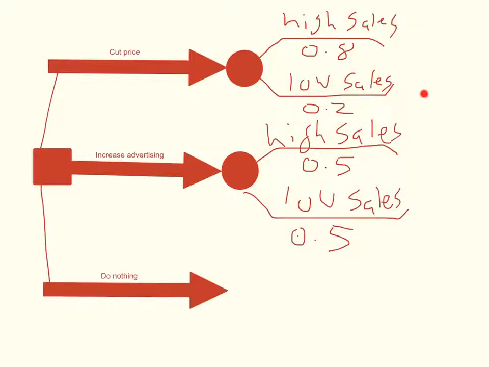So each outcome must add up to 1. So this is one separate outcome, and this is obviously a second outcome because it's for a different option. So we have 80% chance of high sales, which is therefore 20 of low. We've got 50% of high sales, which has obviously then got to be 50% low sales, because these two should always add up to 1.